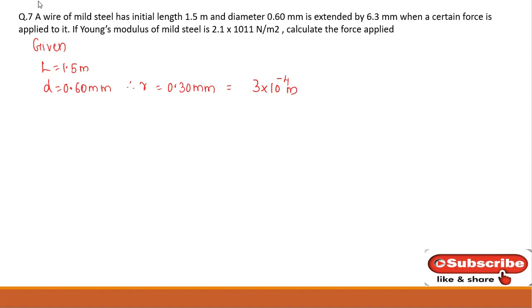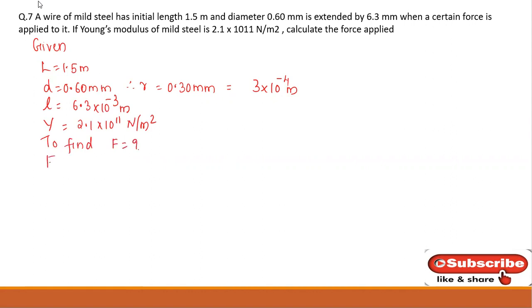Now, extension is given 6.3 millimeter, that is 6.3 into 10 raised to minus 3 meter. Then Young's modulus is given 2.1 into 10 raised to 11 Newton per meter square. We want to find out the force applied, that is F.